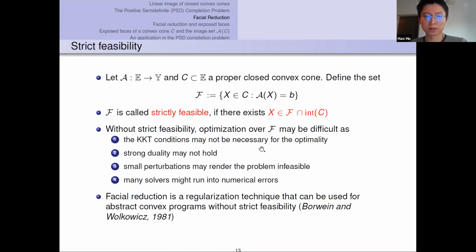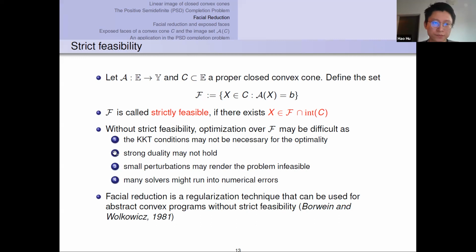For solvers that rely on solving the KKT system, like interior point methods, it might suffer some difficulties. Strong duality may not hold. Especially for optimization problems, you would like to have a reliable lower bound, so a standard strategy is to look at the dual problem and compute the dual objective function.